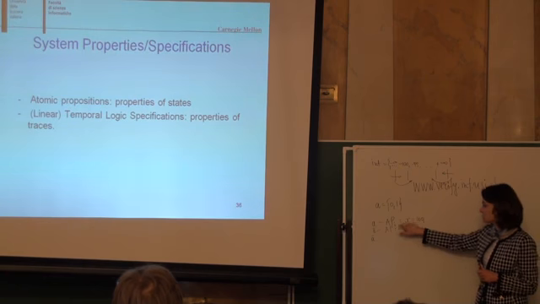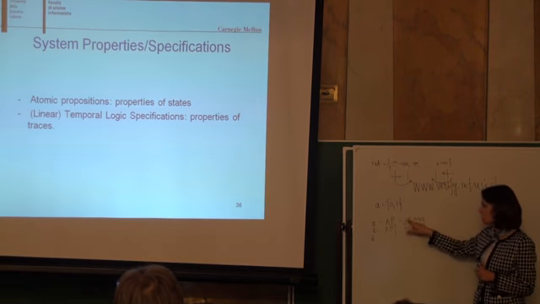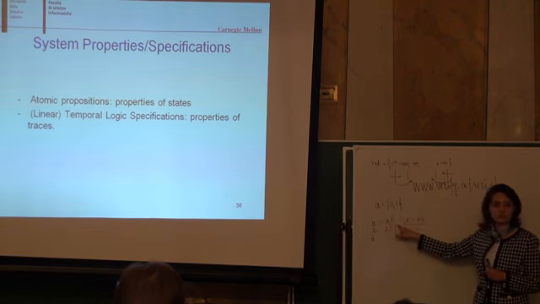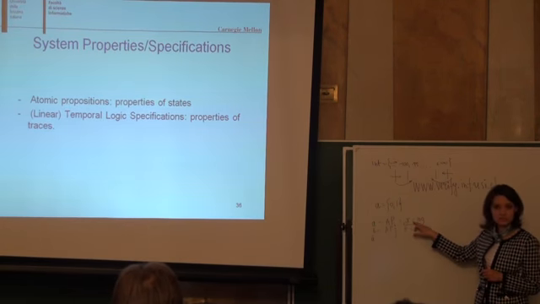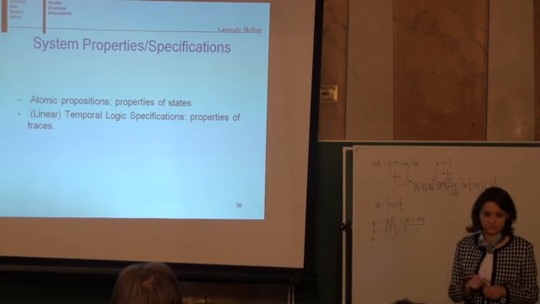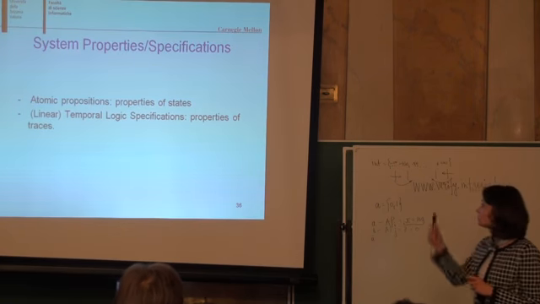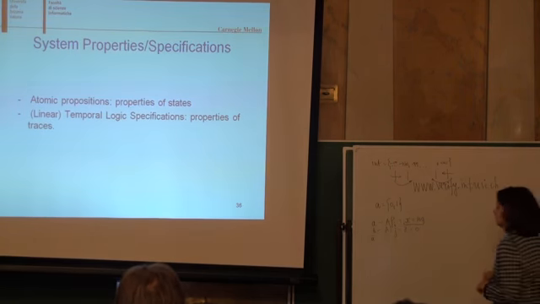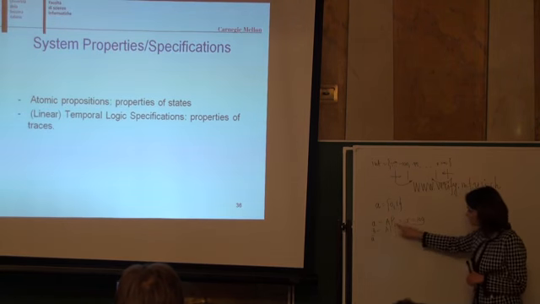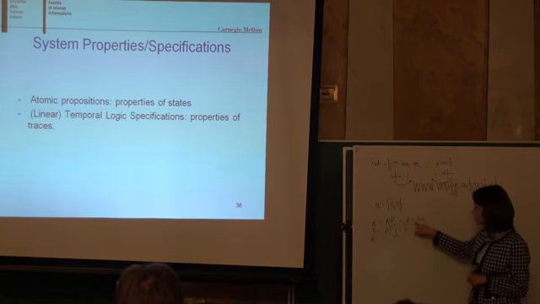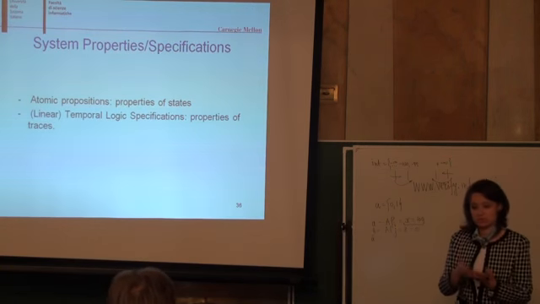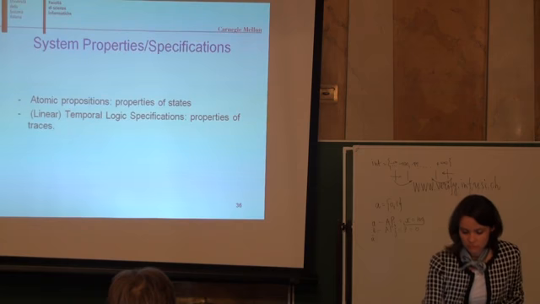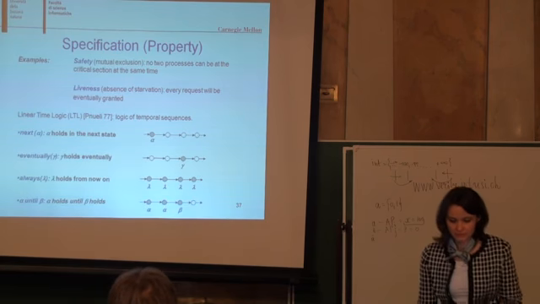Because if I have the same set of atomic propositions, it will be easier for me to do the verification, to compare the formula property against the model. And I'm going to talk in terms of traces, which use atomic propositions as part of this specification. Again, the trace is just something very logical to write for a human being.